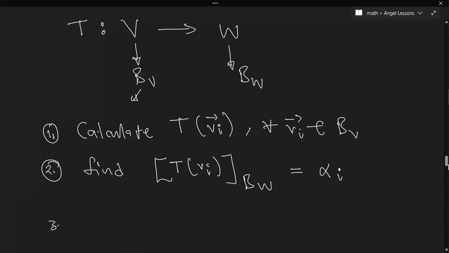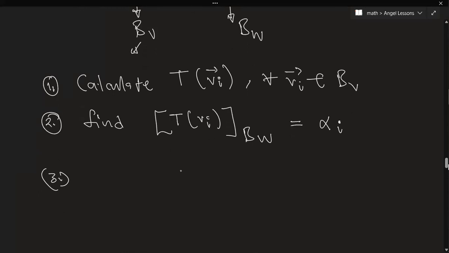So step 3, the matrix that we're looking for is then going to be found this way. If you want to find this matrix, which is denoted as T with BV, BW, it is found as follows. What you simply do is, for each of these coordinate vectors that we found in step number 2, you are going to write them as columns.